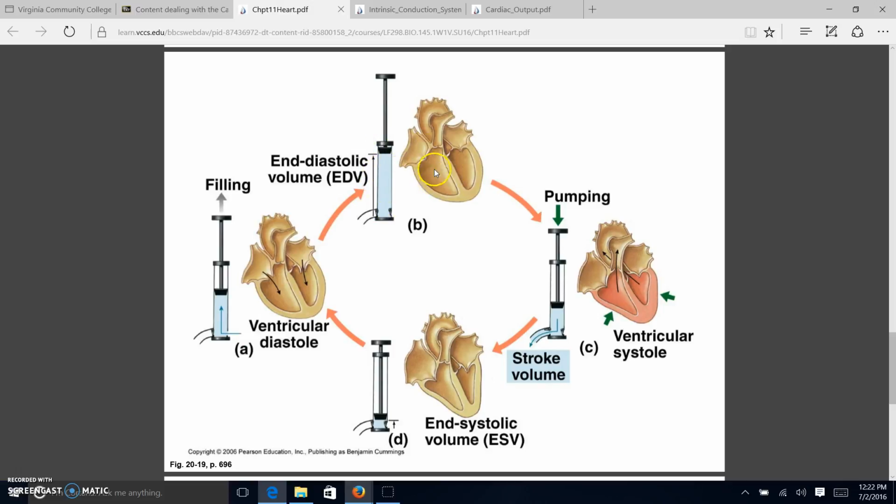So now at this point, at what we're going to call end diastolic, end of relaxation volume, this is however much blood was able to get into each ventricle.